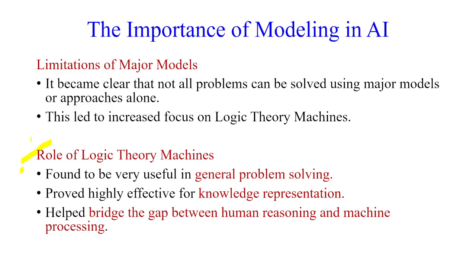Most importantly, logic theory machines helped bridge the gap between human reasoning and machine processing. This was a significant achievement because human reasoning is flexible, contextual, and sometimes ambiguous, and getting machines to replicate it was a major challenge.